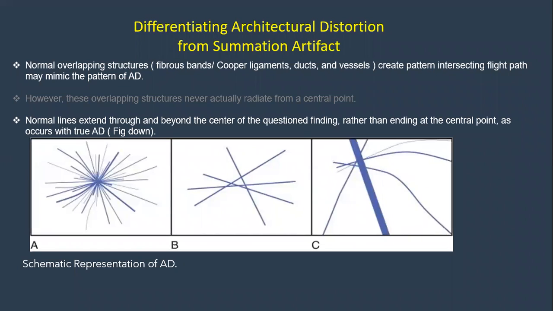From the illustration you have seen in front of you, tell me the difference between architectural distortions and summation. What do A, B, and C represent? Which one is summation artifact and which one is architectural distortion?